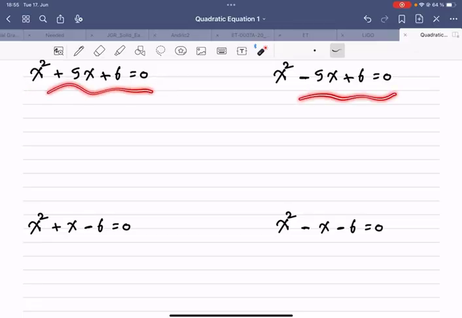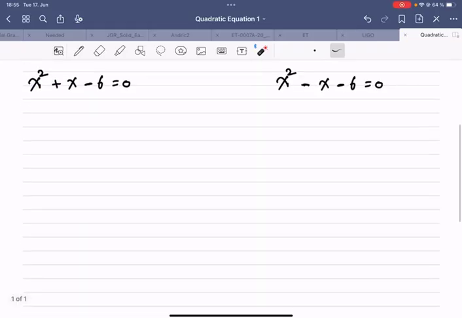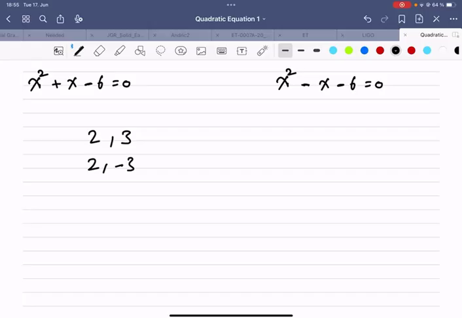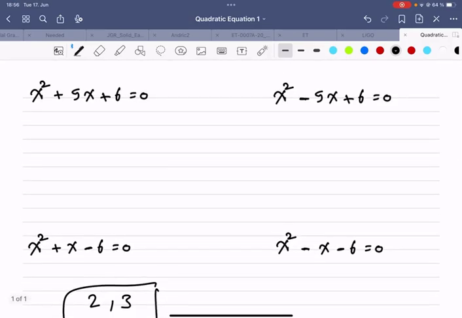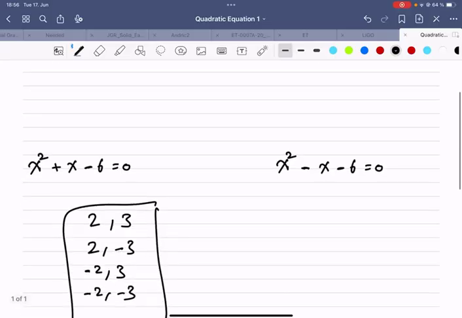The four equations have one thing in common, as we will see soon: the roots are 2 and 3, or 2 and minus 3, or minus 2 and 3, or minus 2 and minus 3.